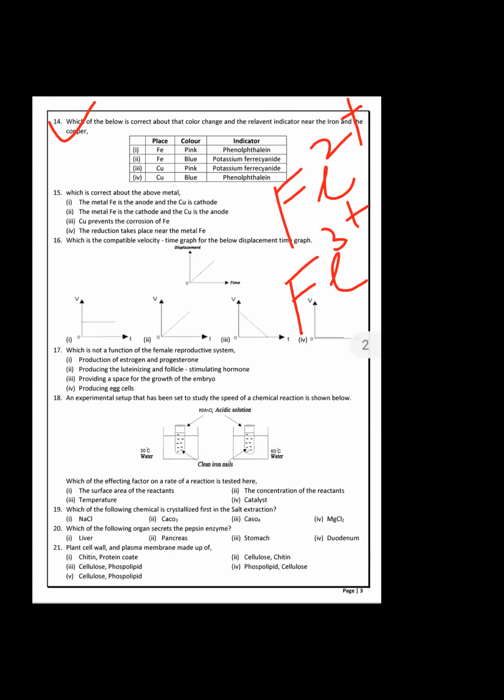Then when we consider iron, it is rusting, no? So what is the effect of the metals on the corrosion of iron? When we do the testing with potassium ferricyanide and phenolphthalein, after that, what will be the color? Agar medium.